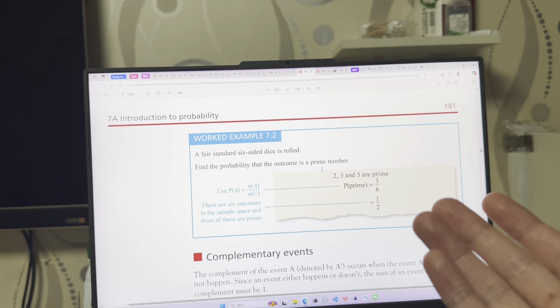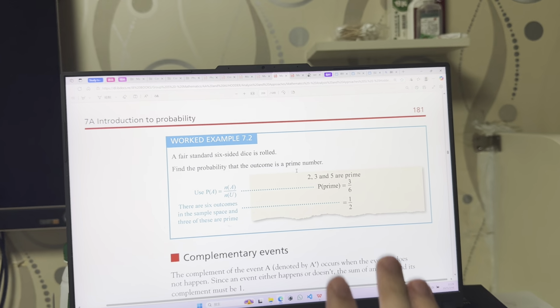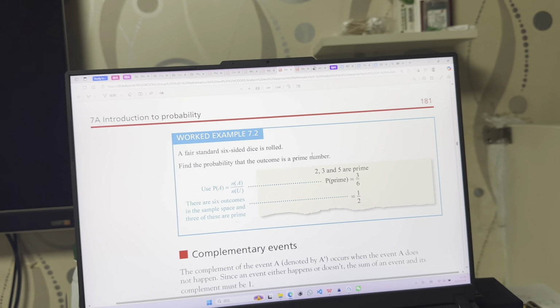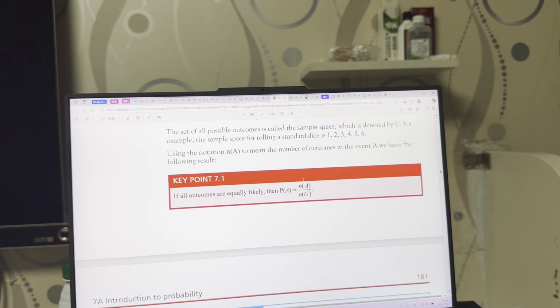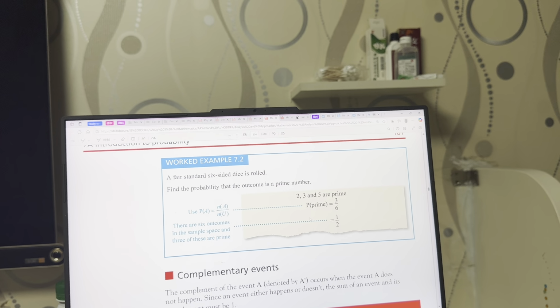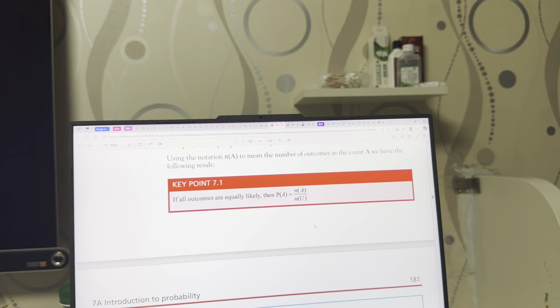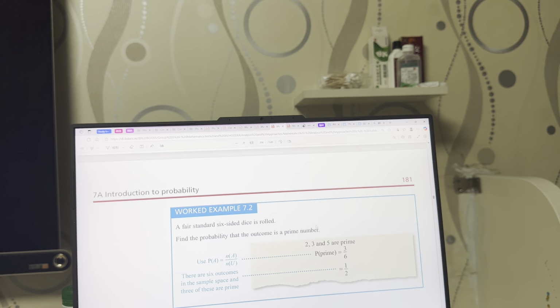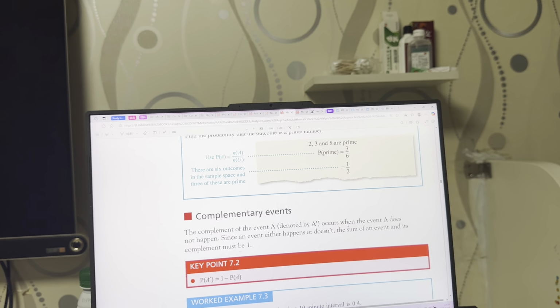So 2, 3, 5 are prime numbers. We have three outcomes we need in event A, and in total we have 6 possible outcomes, and all the outcomes are equally likely. So P(prime) is 3/6, which is equal to half.